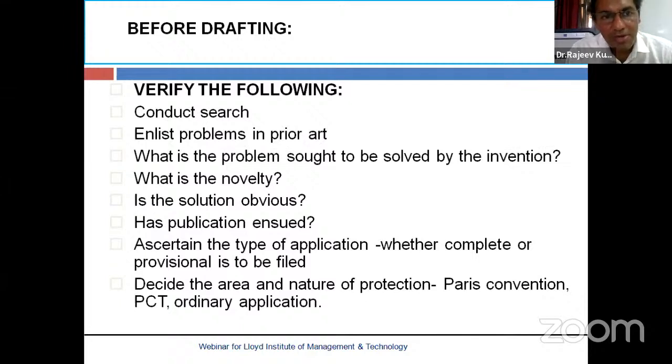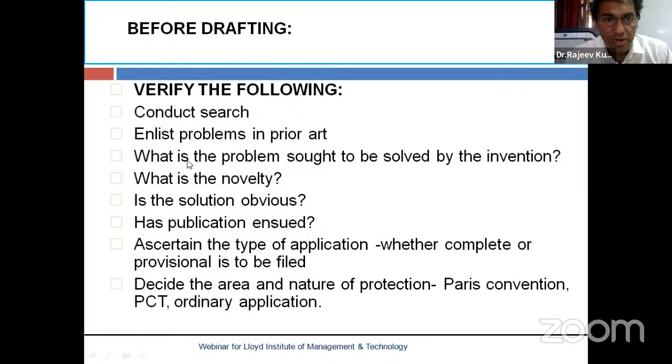But by inventing a portable foldable bicycle, you actually solved a problem: you can even carry your bicycle up hills and to different picnic spots. You can carry it to any place. So you have to enlist the problems which were existing in the prior art.